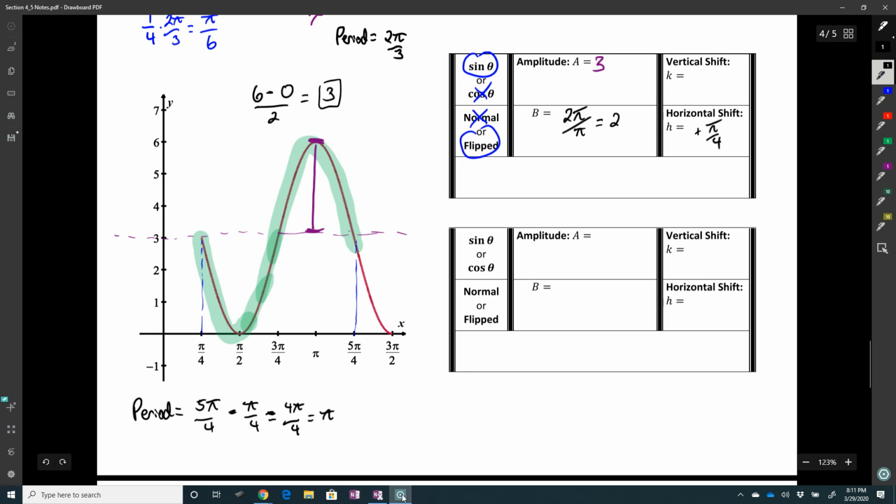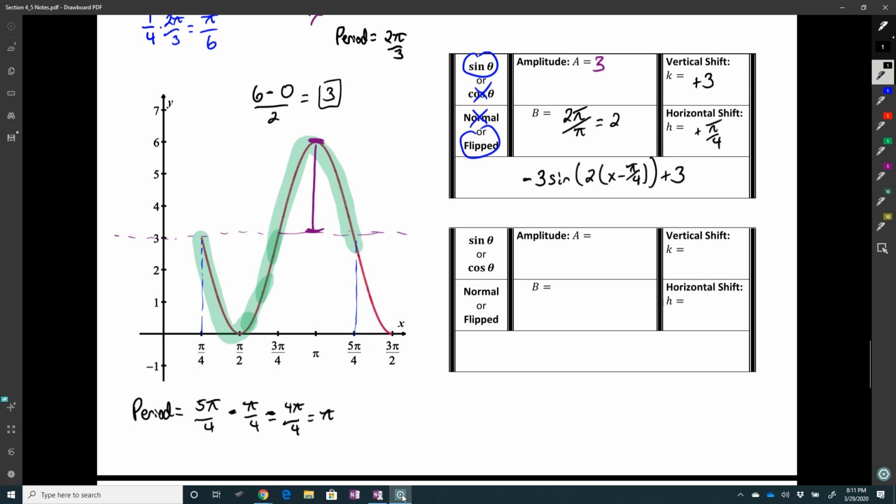And vertical shift, I can see that I went up 3. So putting all that together, I can create my equation as flipped. So minus 3 sine, b is 2, parentheses x minus pi over 4, plus 3.